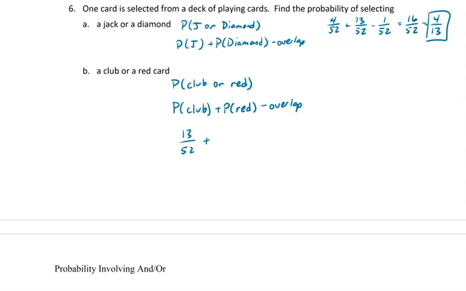Probability that it's red is 26 out of 52, because half the deck is red. Minus, are there any clubs that are red? No. All of the clubs are black cards. None of them are red, so there's 0 overlap. So that's going to get us 39 out of 52, or 3/4.